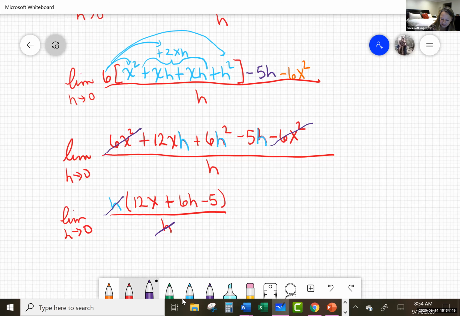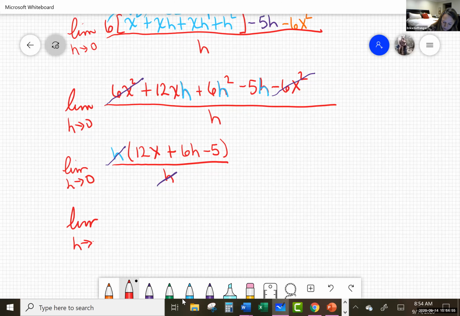So now when we take the limit as h goes to 0 of this 12x plus 6h minus 5, plugging in 0 for h, you have 12x minus 5.